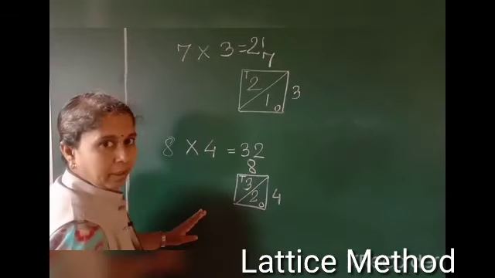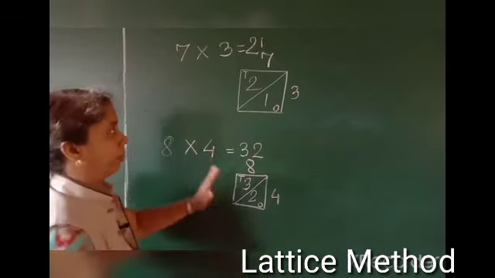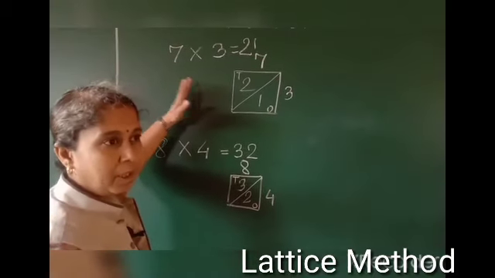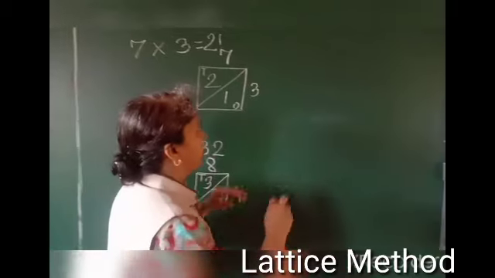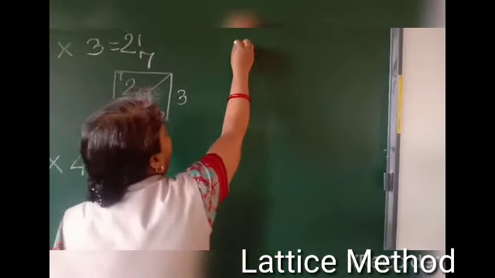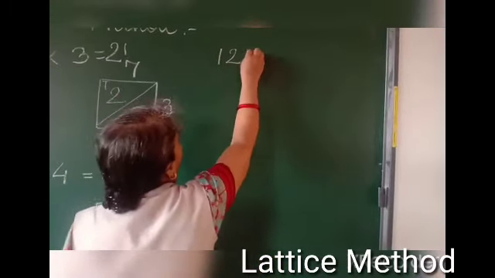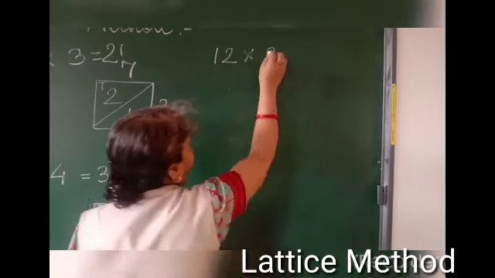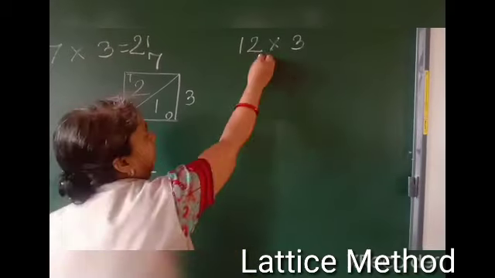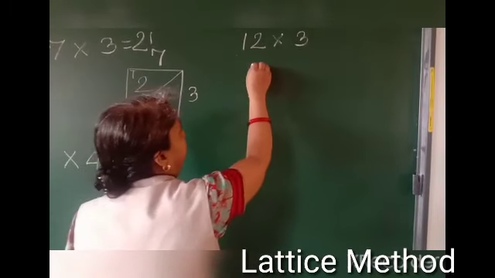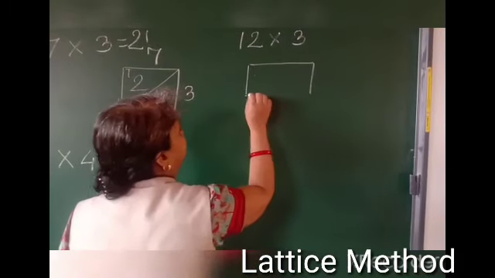This is clear. When it is one digit, only one block. But what will happen if it is a two digit number? The same thing, I'll just change the numbers. Suppose I say 12 multiplied by 3. Here there are two digits, so I will make two blocks for this.